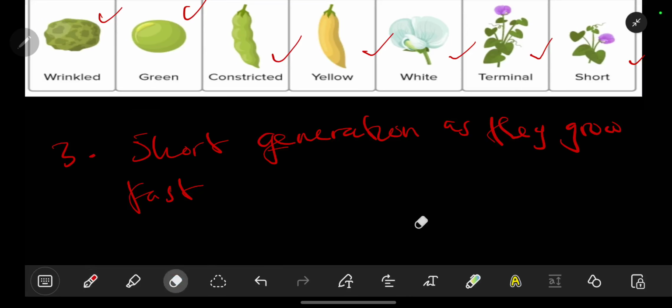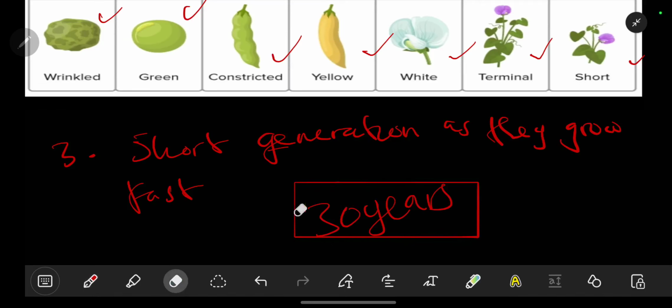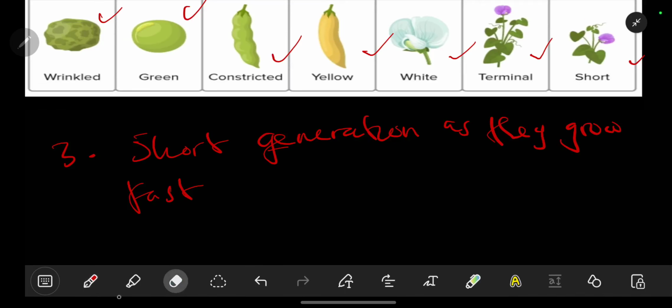Like for example, the generation of human beings is about 30 years, which is the proper time we expect people to repopulate. Garden peas have very short generations, about 8 to 10 weeks, which is basically just 2 months.